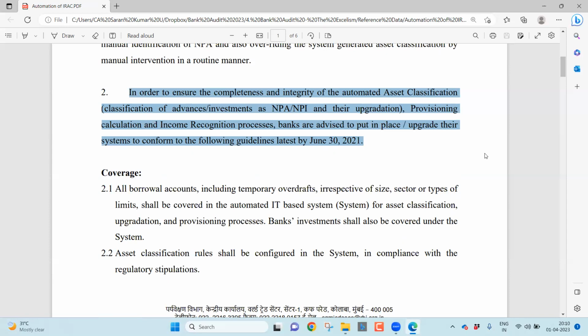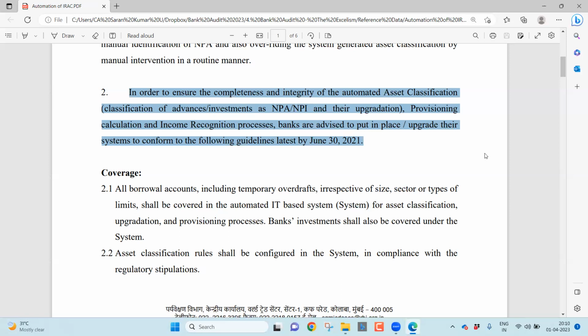That means once you step into the branch, if you find an account or advance which is not NPA through the system, then you have to classify it and give the adverse opinion for the questions in the LFAR.